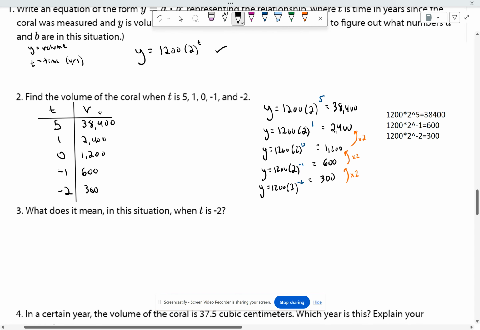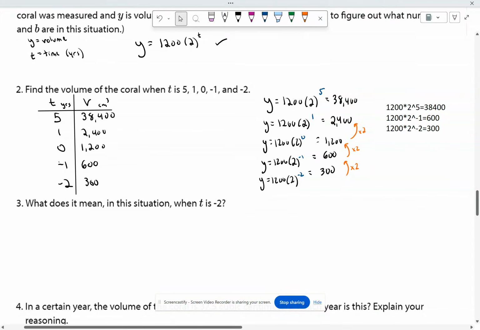And this is all cubic centimeters, and this is all in years. So what does it mean when t equals negative 2? So this piece right here, what does that mean?